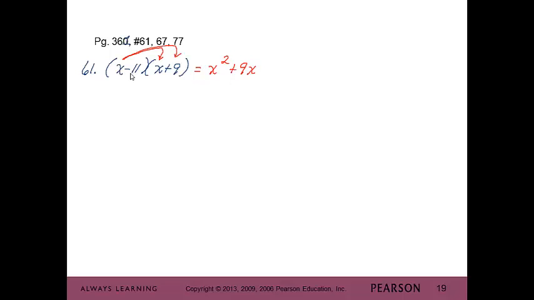So now we're going to move on to the negative 11. So negative 11 times x, which makes that negative 11x. And then negative 11 times 9, which makes it minus 99. Our like terms are the 9x and the negative 11x. So we have x squared. Combining these two, we get minus 2x minus 99.